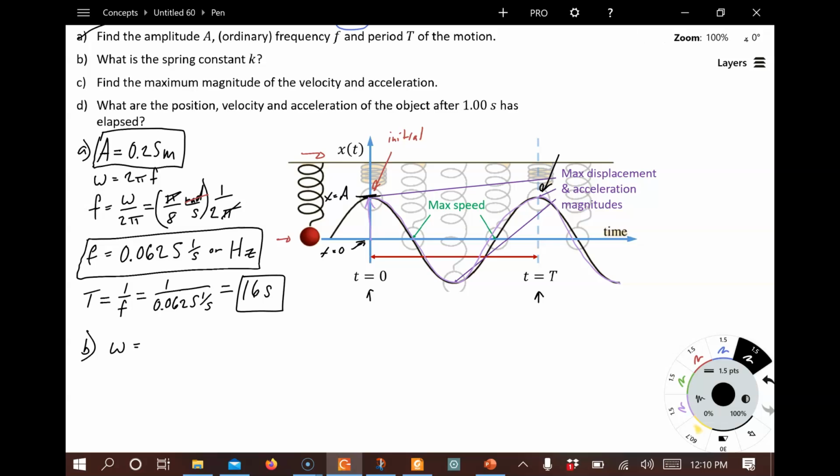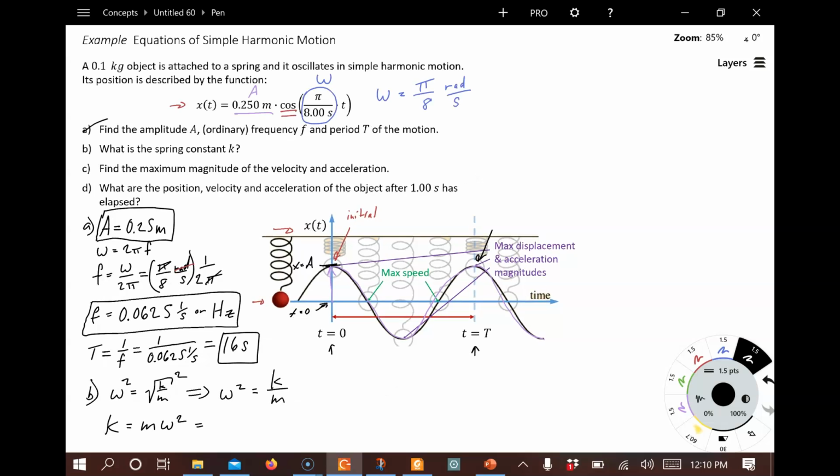So omega equals square root of k over m. Let's square both sides to get rid of the square root, and we find omega squared is equal to k over m. Let's solve for k. Multiply by m on both sides, and we see that k is equal to m omega squared.